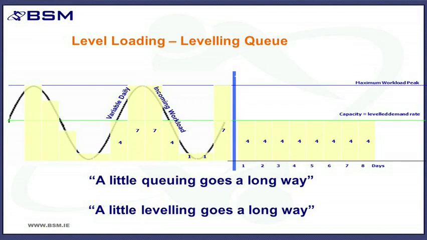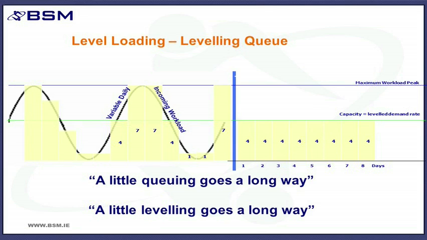I'll give you 2 phrases that I think you may find useful. One of them is that a little queuing goes a very long way, and hopefully I'll be able to show that to you now. So you don't need an awful lot of queuing to deliver a big productivity improvement. Another phrase that might similarly be useful is that a little leveling also goes a long way.